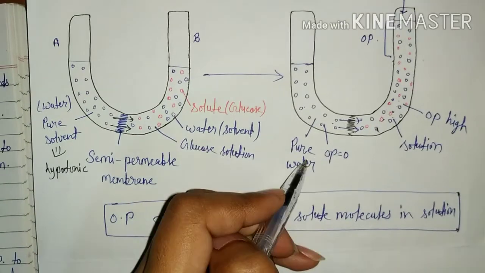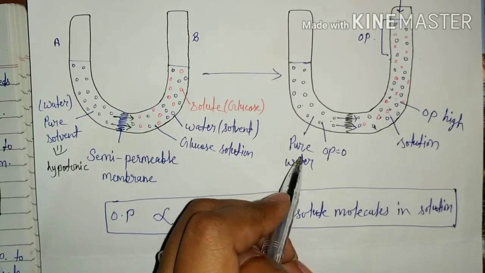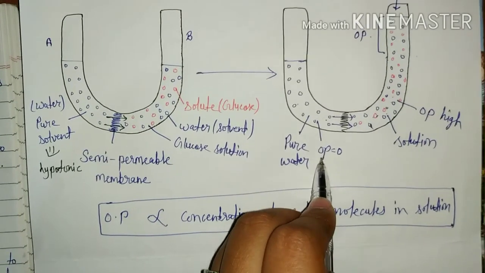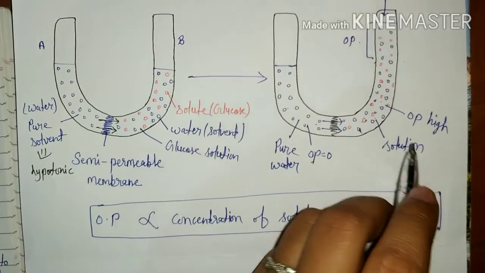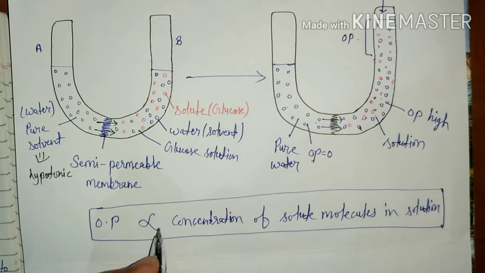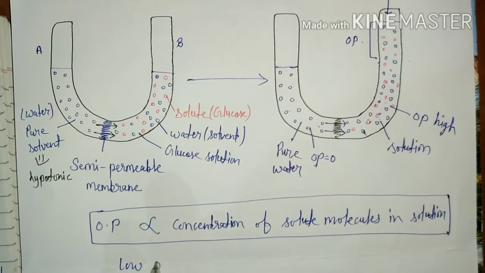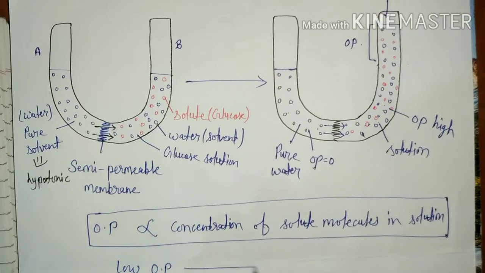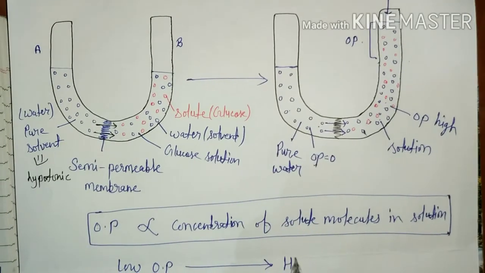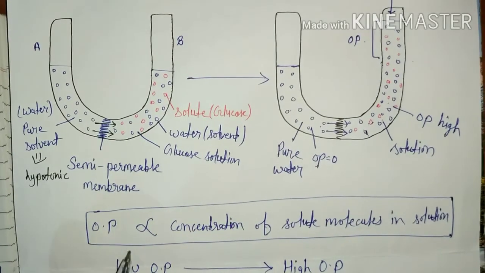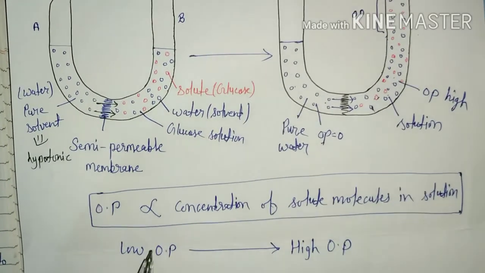It means water moves from low osmotic pressure to high osmotic pressure, low OP to high OP, because the osmotic pressure of a pure solvent is always 0.